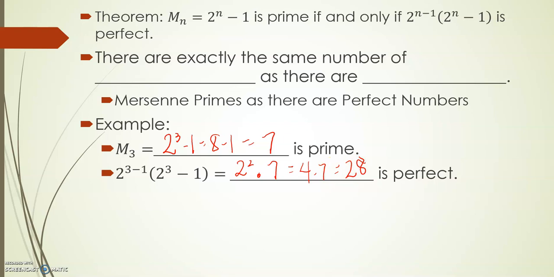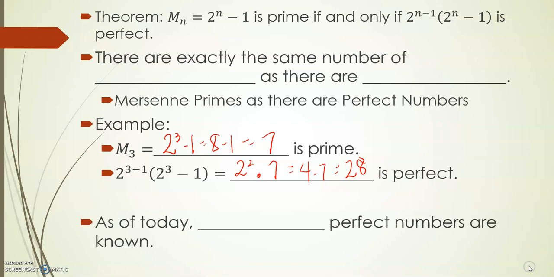And we just saw by listing the proper divisors that 28 is a perfect number. As of today, 50 perfect numbers are known.